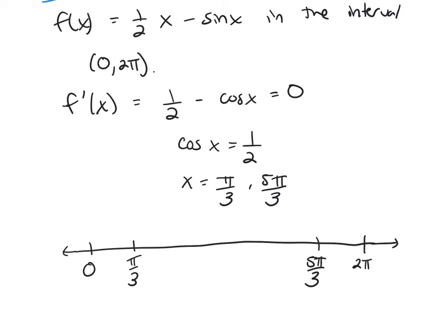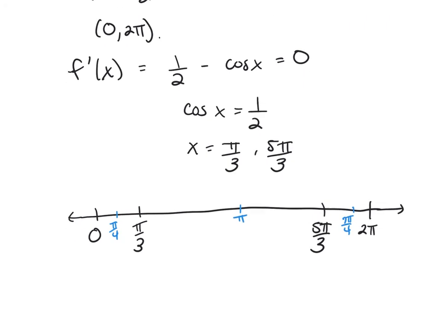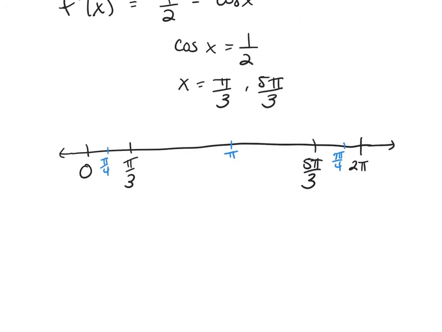So let's go back here. Let's pick pi over 4. Let's pick between pi over 3 and 5 pi over 3. Let's pick pi. And then let's pick 7 pi over 4. And we're going to go to our derivative, plug these test points in.